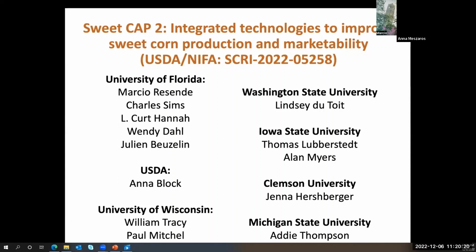The objectives of this project are pretty broad. They include targets of interest not only in fresh market, but also in processing sweet corn market, not only in Florida, but also in the other production areas, such as the Columbia Basin. And this group of researchers, you recognize here, Julien will help us and will carry research in insect tolerance and insect behavior.